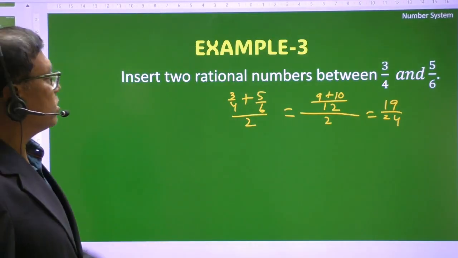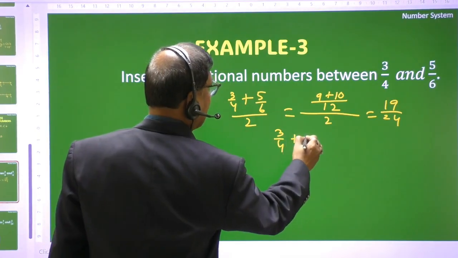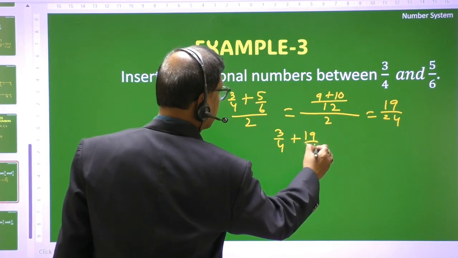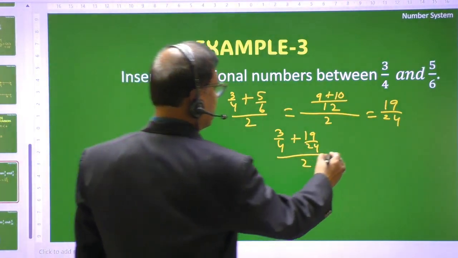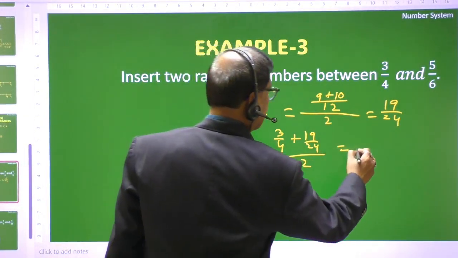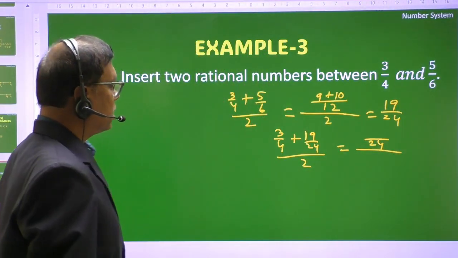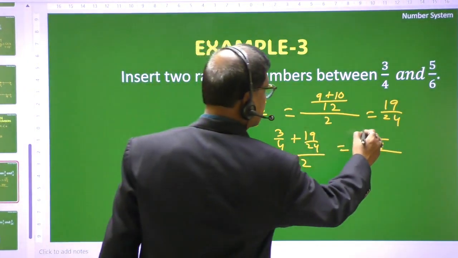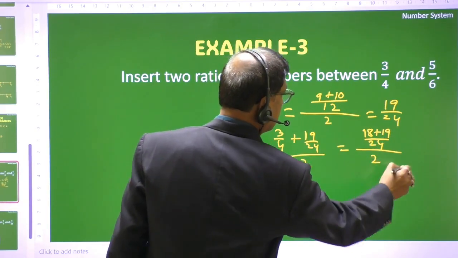But one more. Then 3 by 4 plus 19 upon 24, divided by 2, the average of these two rational numbers. That means LCM is 24, yes or no? Then 18 plus 19, simple addition of fractions.